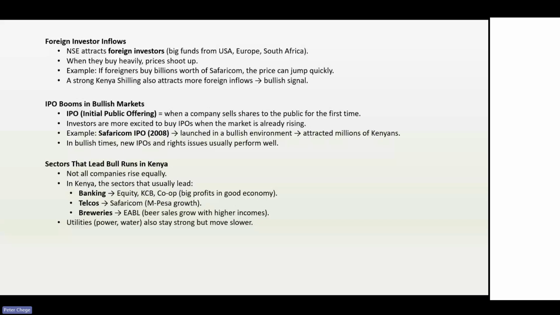So you have banking. When they are reporting good, big profits, you find their prices go up. We have several of them listed at NSE. It means prices going up. We have Telco, Safaricom, with M-Pesa growth, and I think now with Meta coming in, if that partnership materializes, then we expect Safaricom prices to also shoot up.